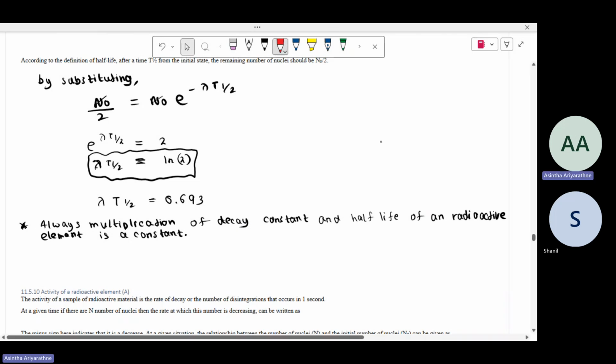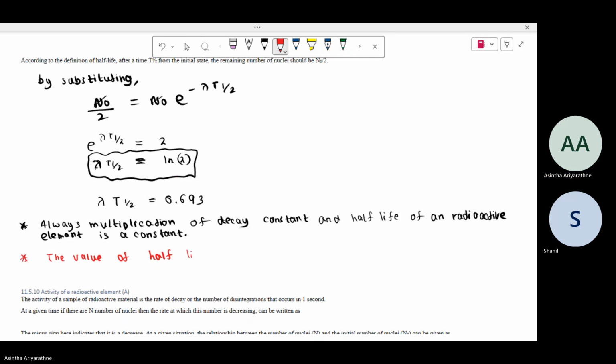It should be given, or we can find it using the above formula, lambda into t half is equal to ln 2, if lambda is known.